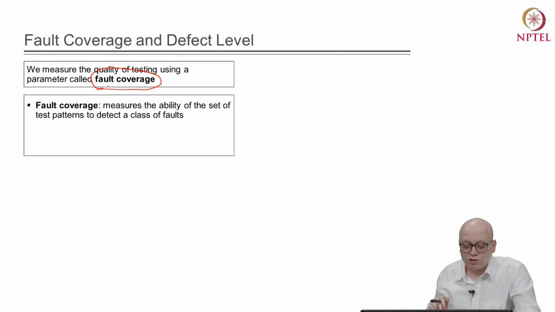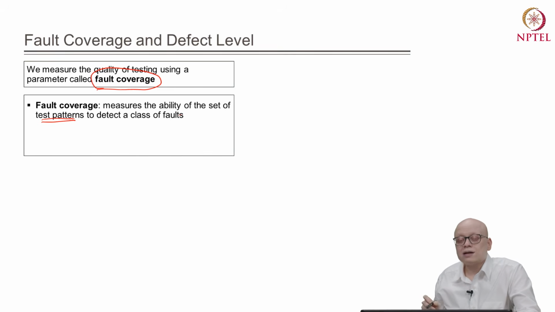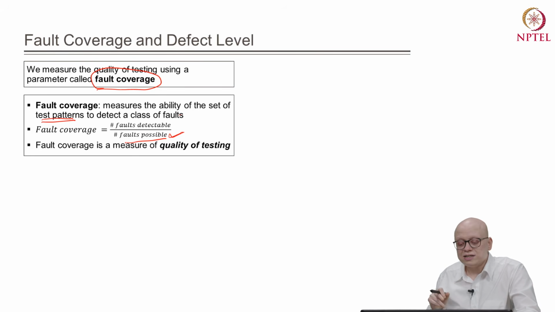What is fault coverage? It measures the ability of the set of test patterns to detect a class of fault. So, fault coverage is equal to the number of faults detectable by a given set of test vectors divided by all possible faults in the circuit. So, fault coverage is a measure of quality of testing.